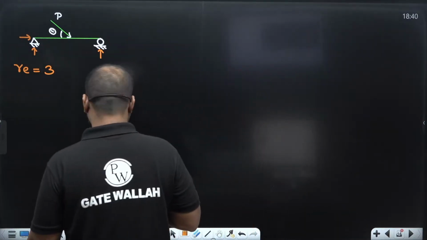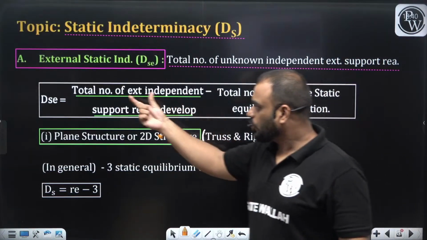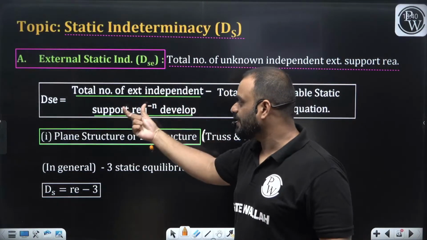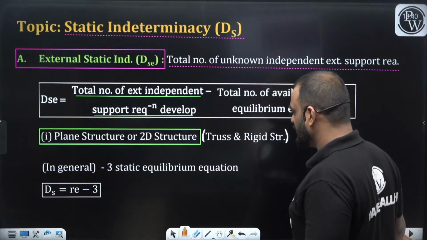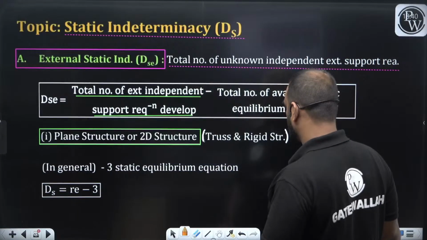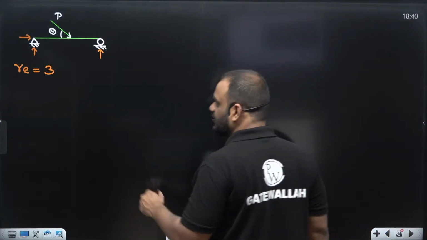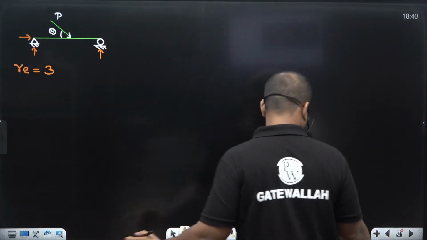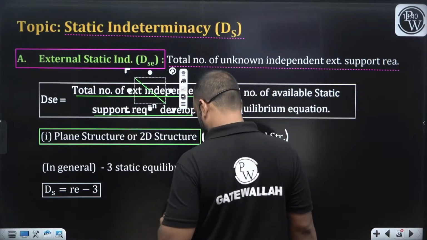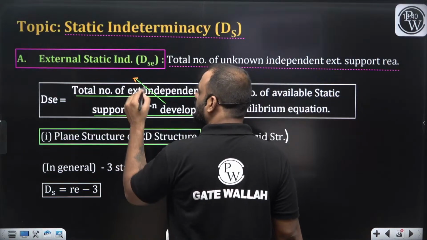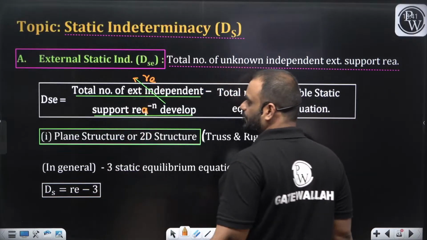So can I say that, guys, in this particular case, the total number of external independent support reactions which is developed, we will write as RE. RE is the total number of external independent support reactions which is developed.